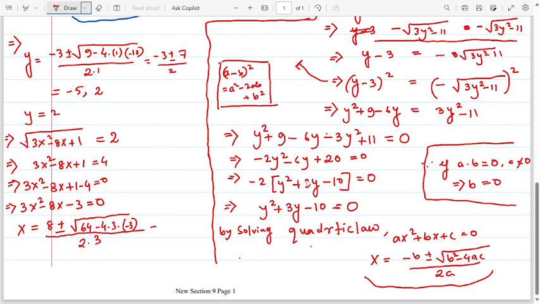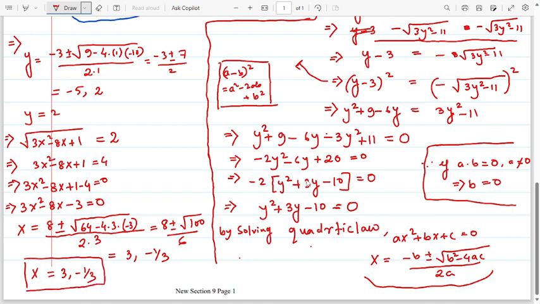So this will give us 8 plus minus square root of 100, by 6, and therefore we get square root of 100 as 10. 10 plus 8 over 6 is 3, and then minus 1 by 3. So therefore the solution is x equals 3 and minus 1 by 3.